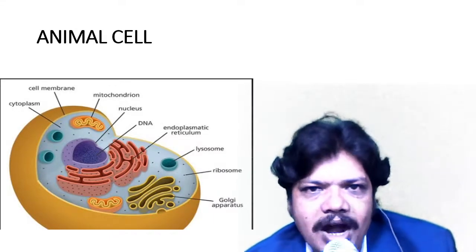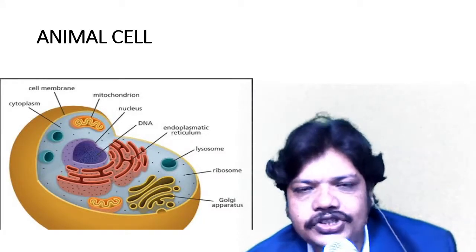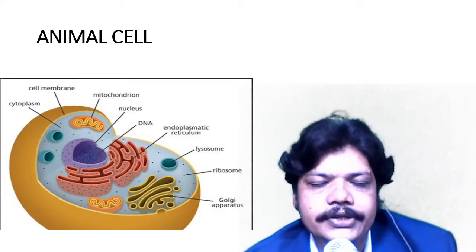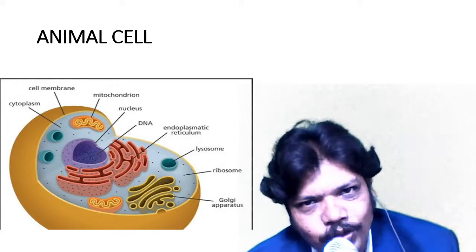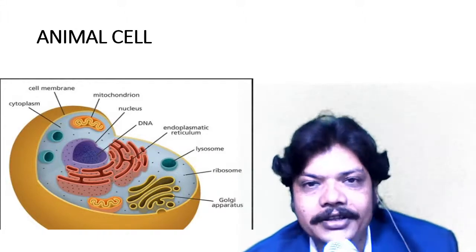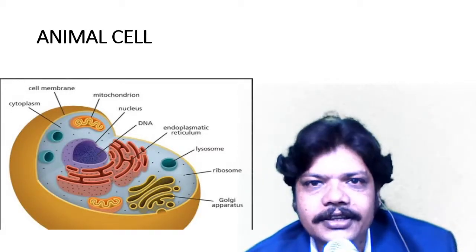Now the next part of the cell is the nucleus. The nucleus is a very essential organelle, a very essential part of the cell, because the nucleus carries hereditary material.